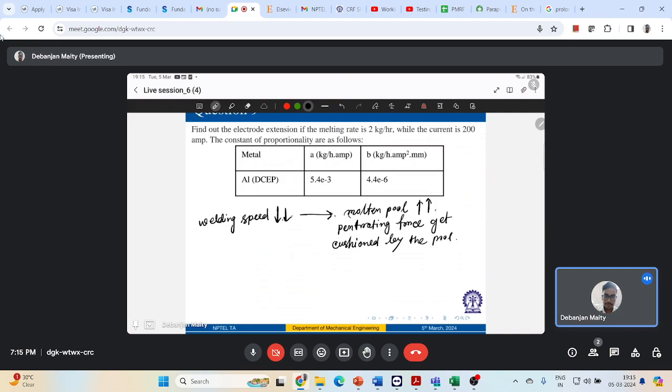Right? Now, if your welding speed is excessively high, there will be a drop in your thermal energy per unit length, as I was saying, and that will result in undercut. So that is there.